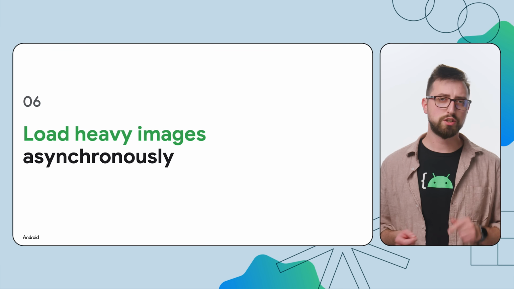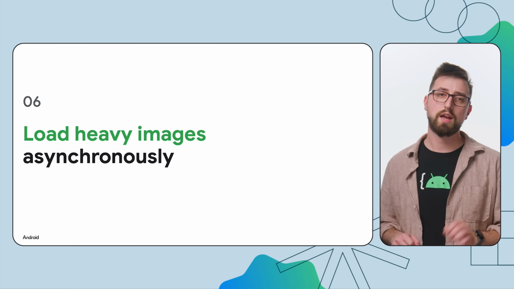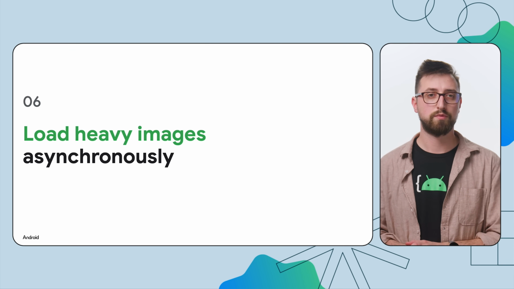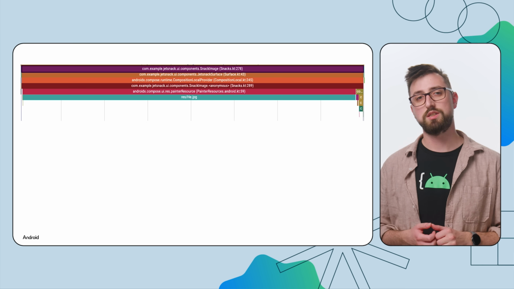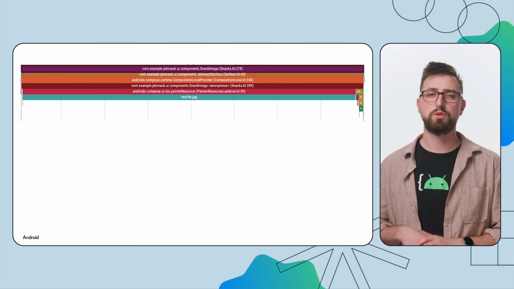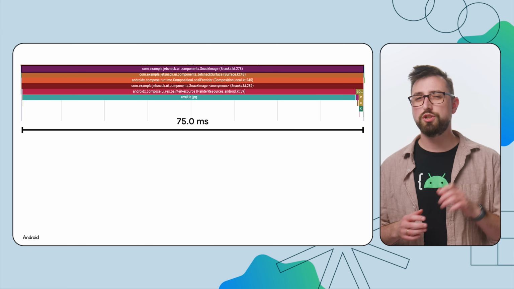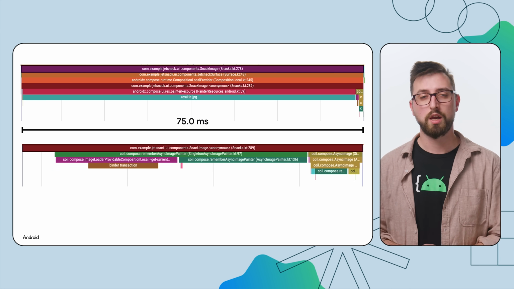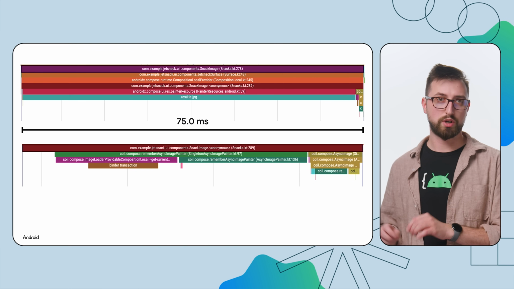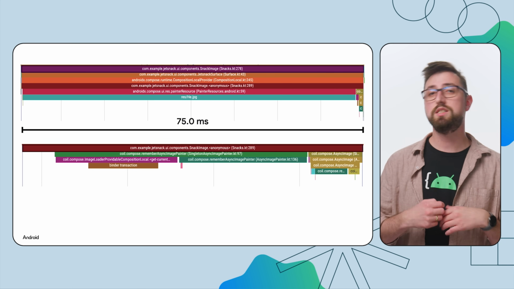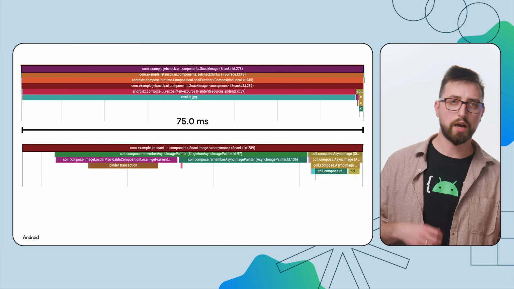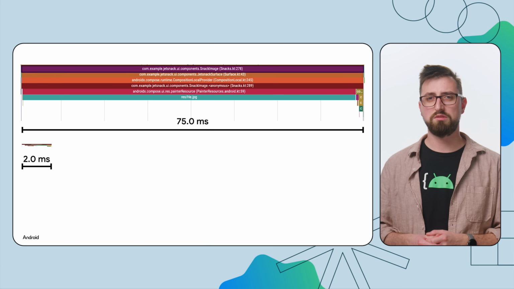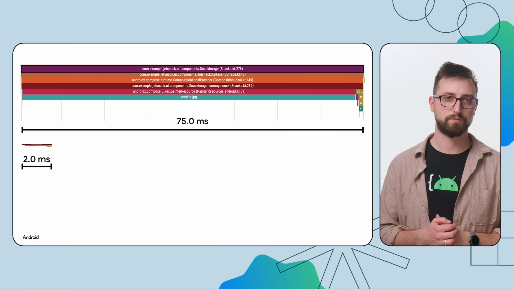Speaking of heavy computations, number 6, load heavy images asynchronously. This system trace represents using Painter resource to load a huge image, which took 75 milliseconds to load on the main thread. Instead, this system trace is when using a library for asynchronous image loading, like Glide or Coil, which actually takes about 2 milliseconds to load.